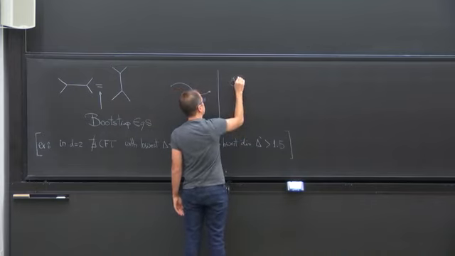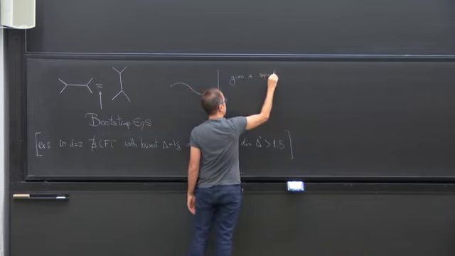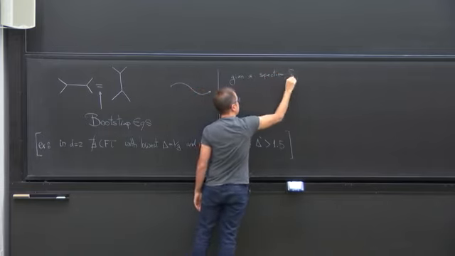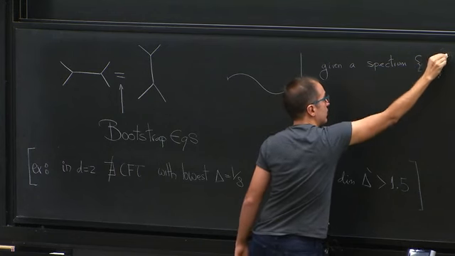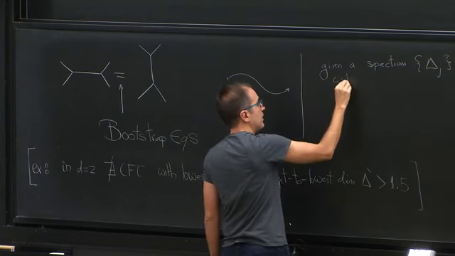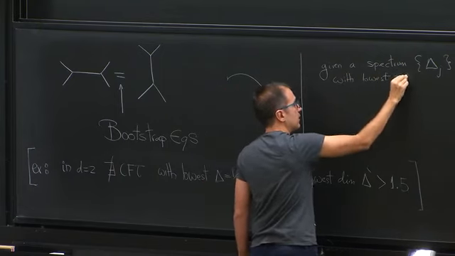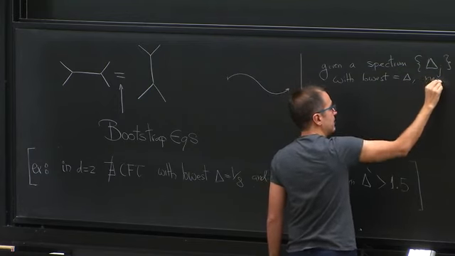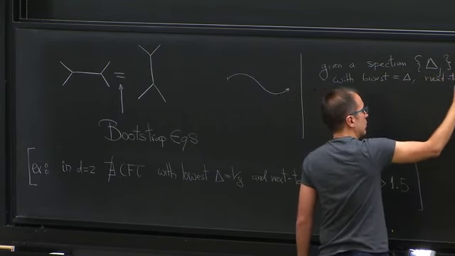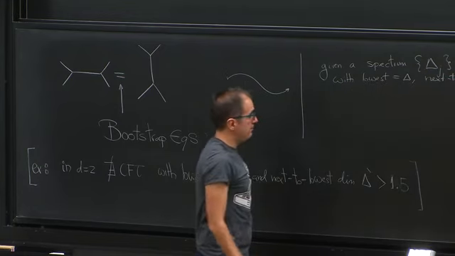Given a spectrum, a set of dimensions delta j, let's say I have the lowest, let me call it delta, and the next to lowest, let me call it delta prime.